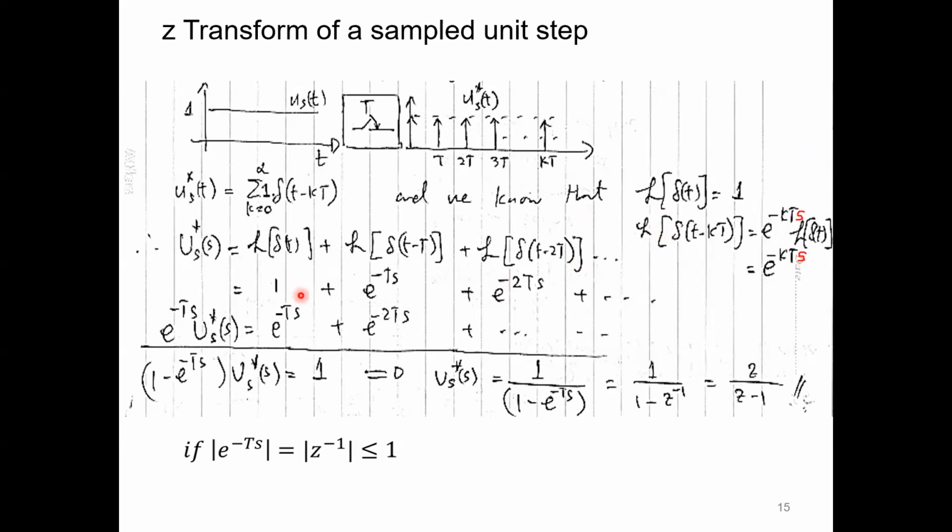So remember that you just write e to the minus delay times s in front of the Laplace transform of the unshifted sequence or sample. In this particular case, these are all single samples, so the Laplace transform is 1.